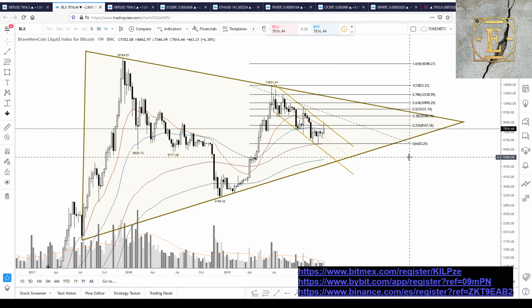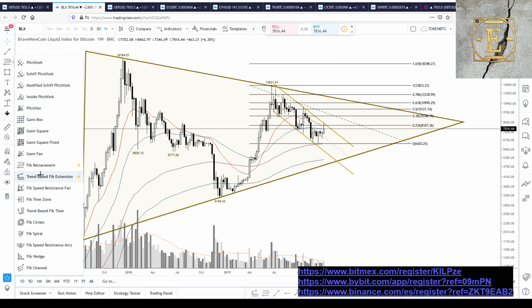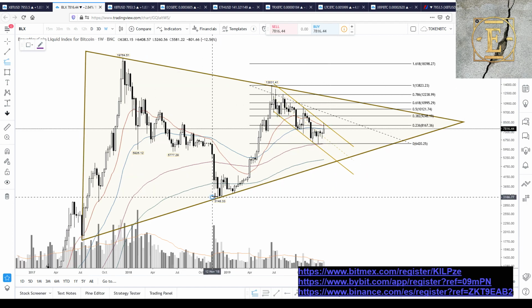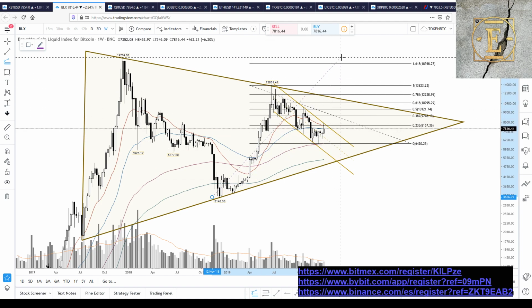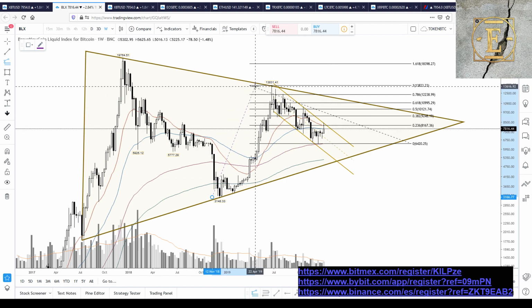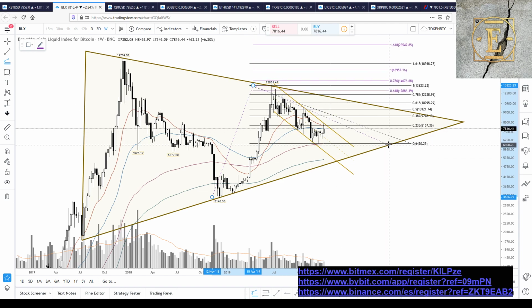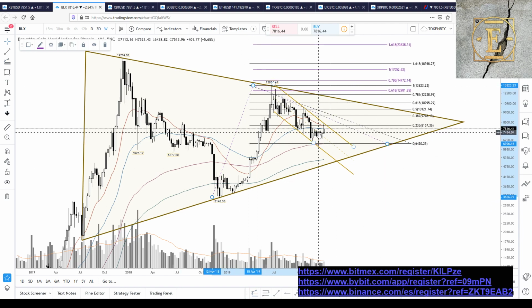Okay, the other thing that I wanted to show you is the Fibonacci extension. For example, the same as this one, if you think this down is over and the price is going to reverse and go up, breaking this triangle, you use the Fibonacci extension using the 3 points: the valley, the top, and the next valley, and you look for the Fibo levels.